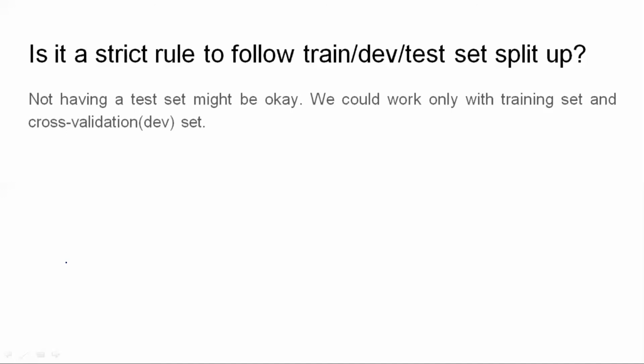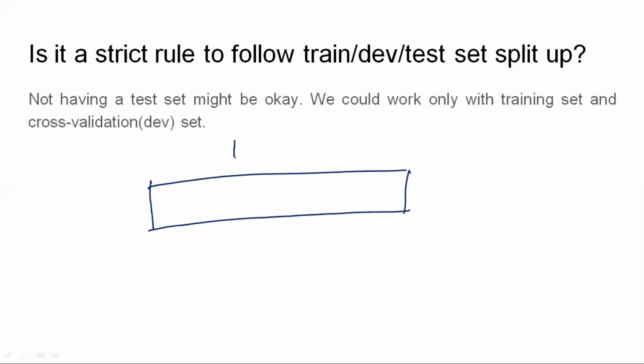They generally use two splits. So suppose this is the whole data, and people generally divide this into two parts. The first one is the training data, and the second one is the test data.